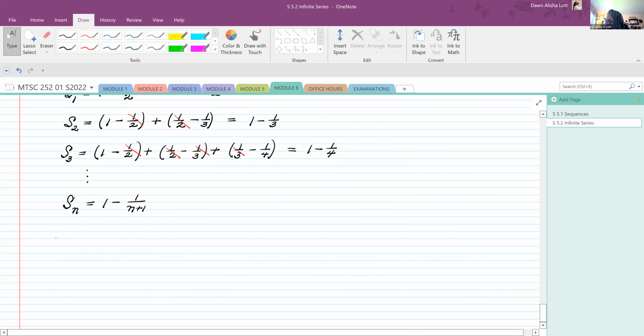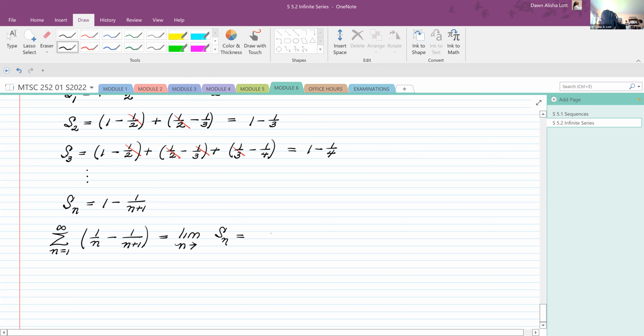So therefore, the sum n equal 1 to infinity of 1 over n minus 1 over n plus 1 is the limit as n approaches infinity of the nth partial sum.